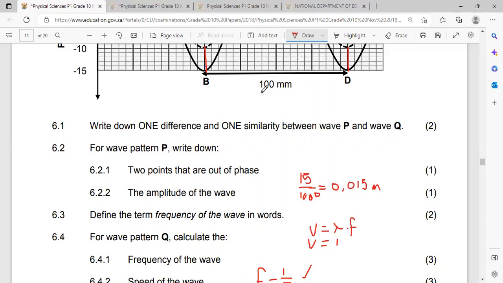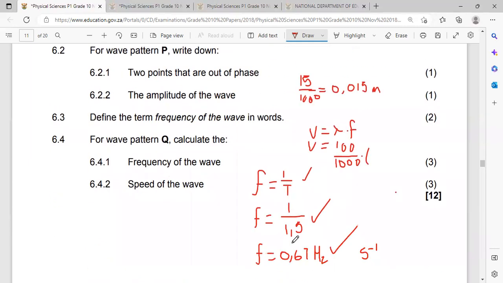Yes. Okay. So we're gonna say 100, and we're gonna divide it by 1,000, and we're gonna multiply it by our frequency, which is 0.67.